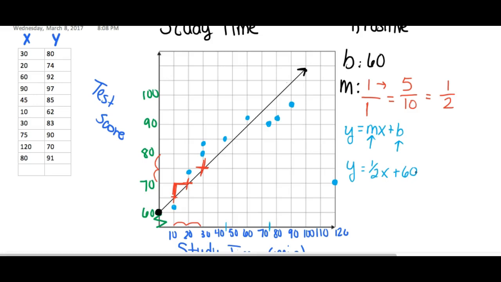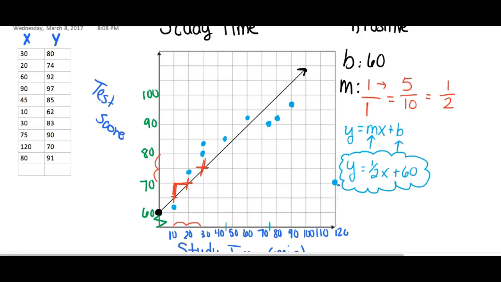This is how it works for the line of best fit, because whenever we have a line of best fit, we have to give the equation. Otherwise, you don't know what we can use for the line. And this equation is going to help us so much. I understand there's an outlier, but we're not looking at that right now. That will be something we put into our paper at the end, saying this is our line, this is the equation for the line of best fit.